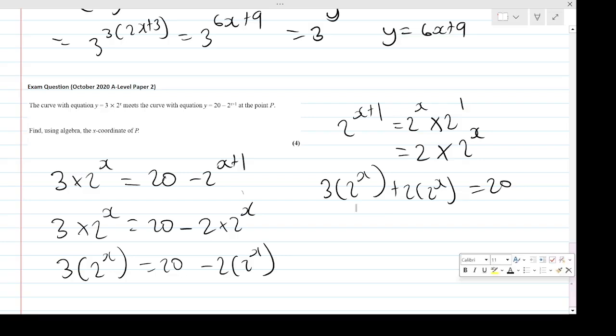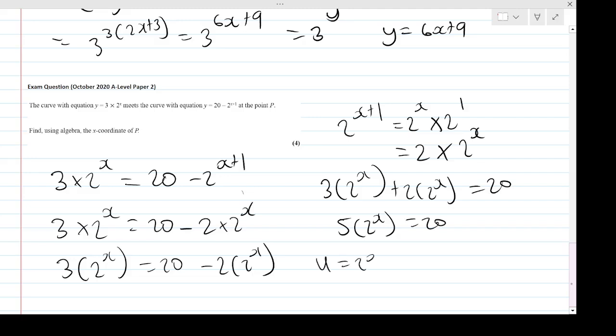So in total we have 5 lots of 2 to the x, and that equals 20. Because essentially, if we said u is 2 to the x, we're then saying 3u add 2u is 20. And if you collect like terms, this is 5u. So we get 5 lots of 2 to the x there. Make sure you can visualize that and what we've done there.